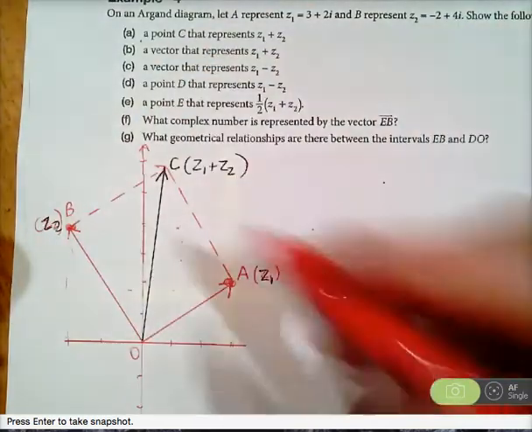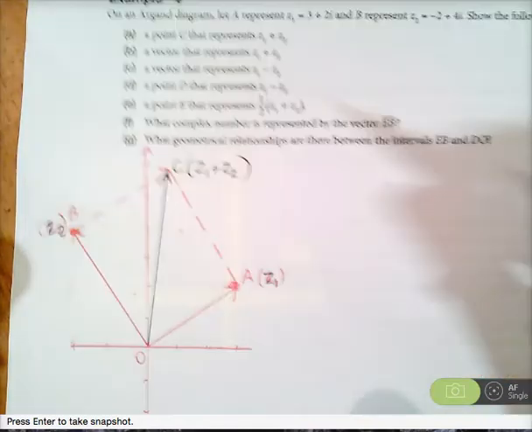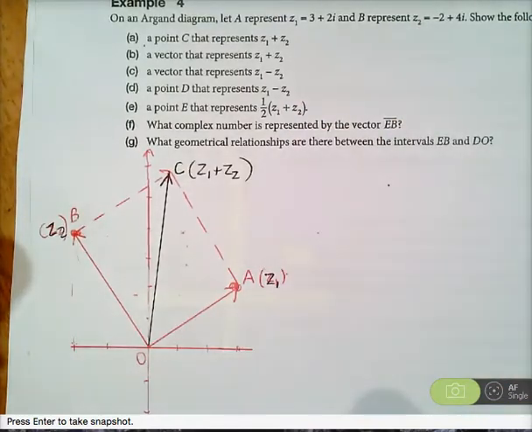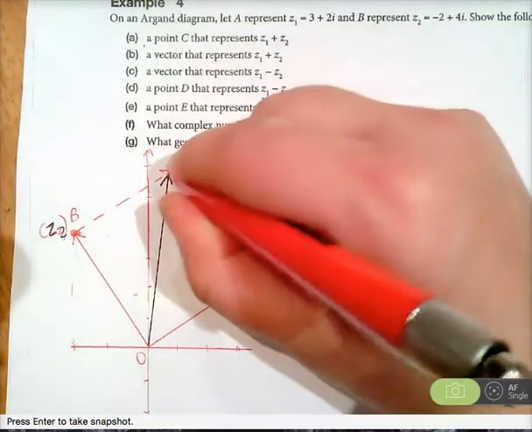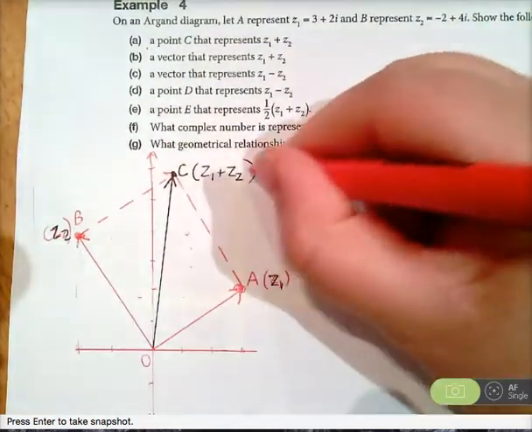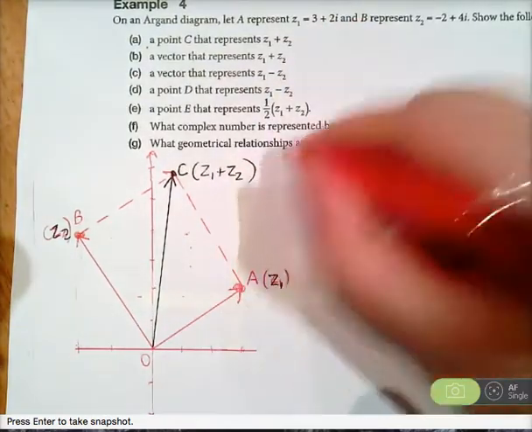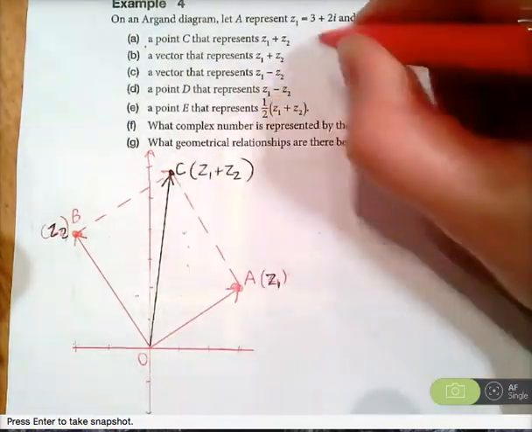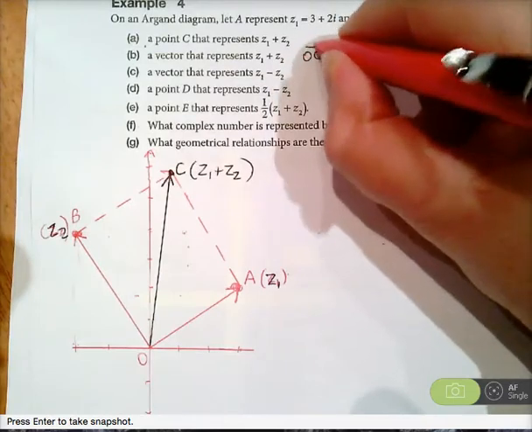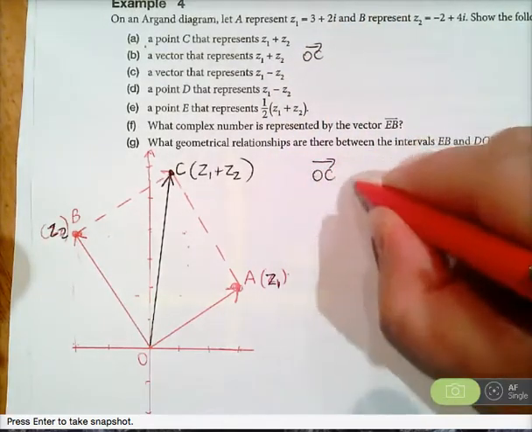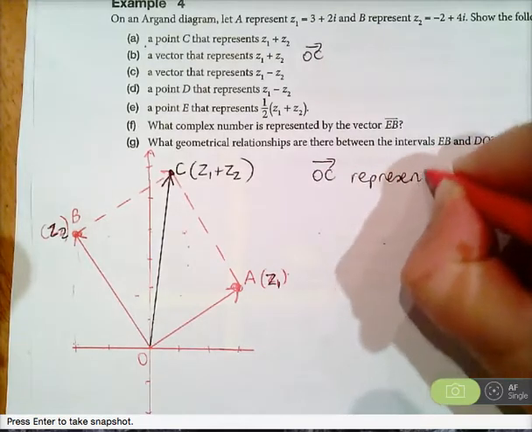So the point C represents Z1 plus Z2. The vector that represents Z1 plus Z2 is OC.